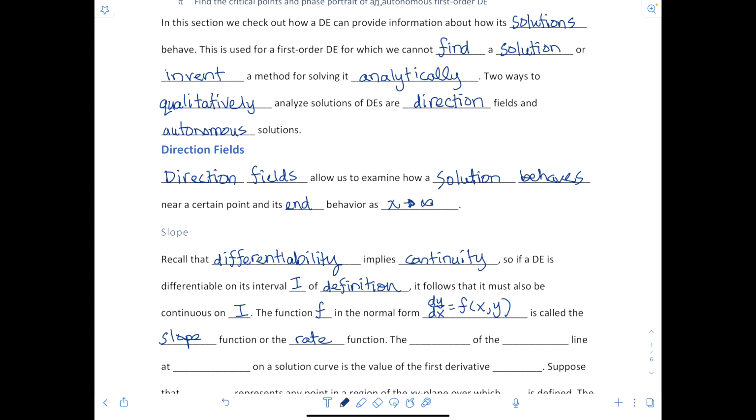The slope of the tangent line at some x, y on a solution curve is the value of the first derivative dy dx.